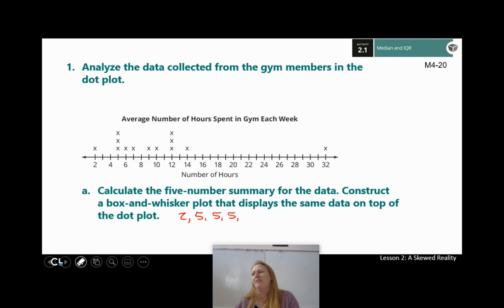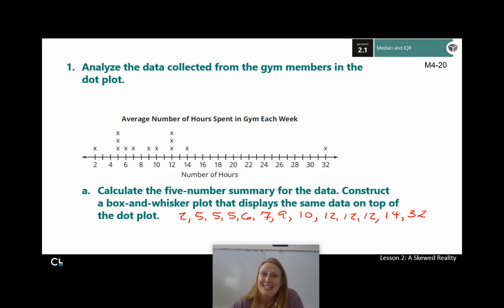I have 1 6, I have a 7, I have a 9, I have a 10, I have 3 12s. Okay, so 12, 12, 12. I have a 14, and then I have that one really ripped dude that's spending 32 hours at the gym. Wow, that's impressive. All right, so I have them all in order.